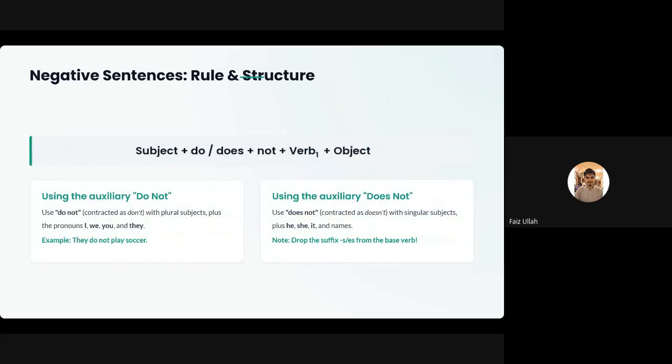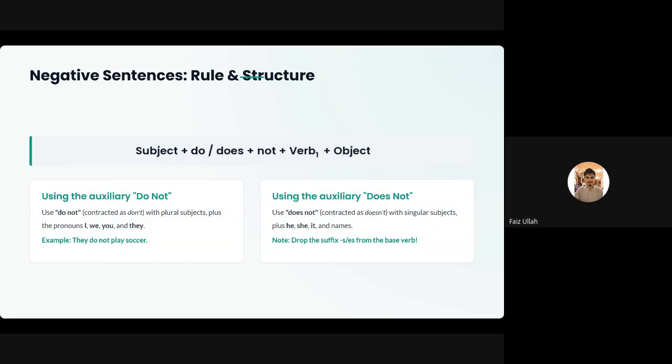The next rule that you need to master is negative sentences. There will be some activities that you won't be doing on a daily basis, that will not be part of your daily routine. There will be some things that you would not like or you would dislike. There will be some facts in which you will be using negative sentences, so you need to master negative sentences as well.